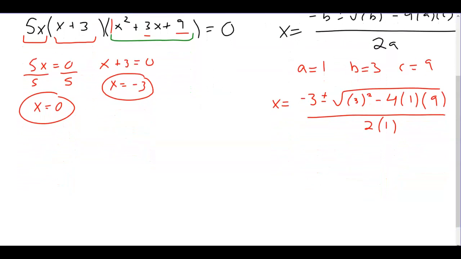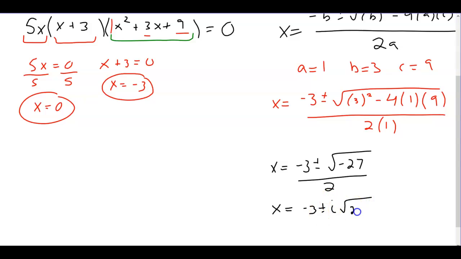So if we simplify this, now the part under the square root we call the discriminant. That comes out to negative 27. You could type that in your calculator if you want. 3 squared minus 4 times 1 times 9 is negative 27 all over 2. And now we always simplify our square roots. So we know that negative under a square root is i.